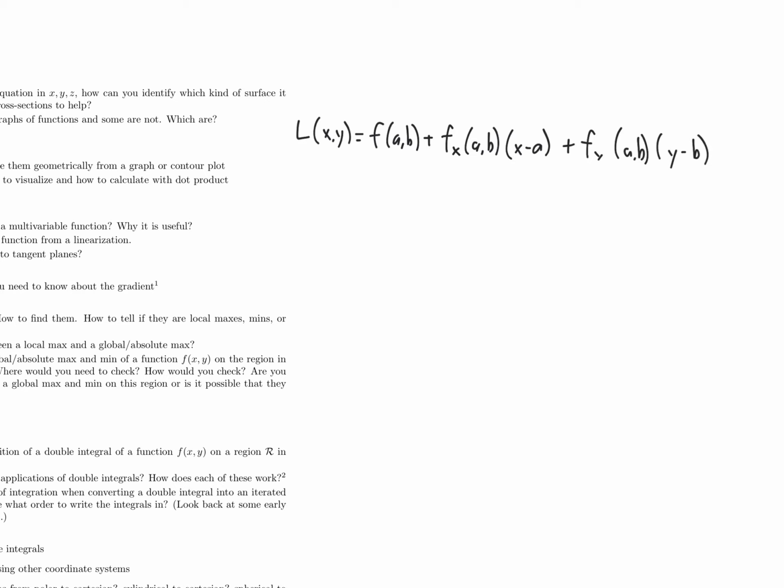So if you know f of ab, fx of ab, fy of ab, then this is supposed to give you an estimation for f of xy. The linearization estimates f of xy if xy is close to ab.